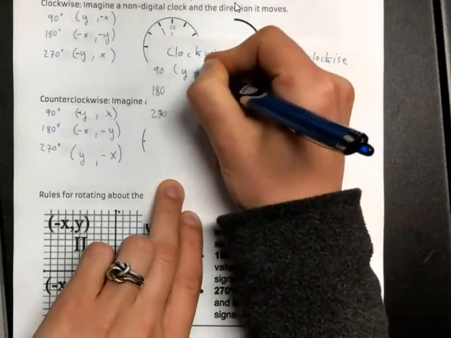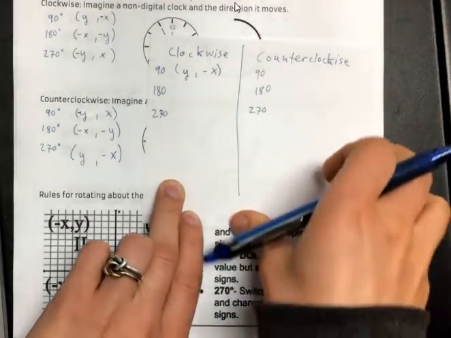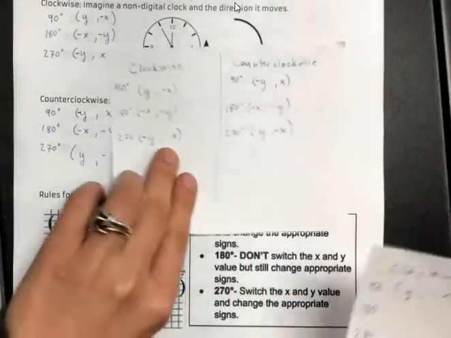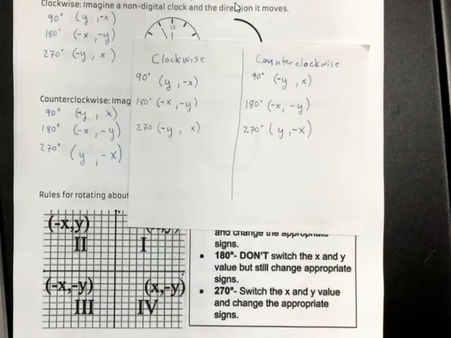So you just have y, comma, negative x, right? I'm going to write all of it down onto my cheat sheet so I have it available. Your new cheat sheet should look like this. I just copied down all of those rules so we have it in front of us and don't have to keep flipping back and forth.